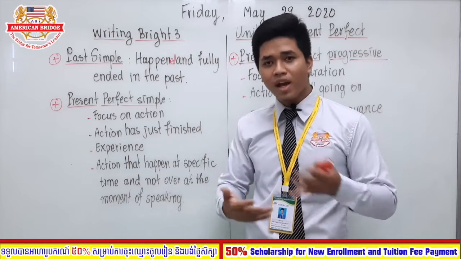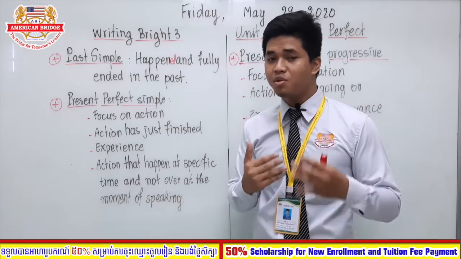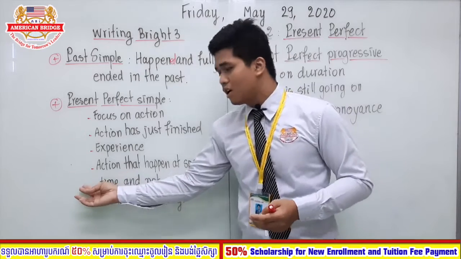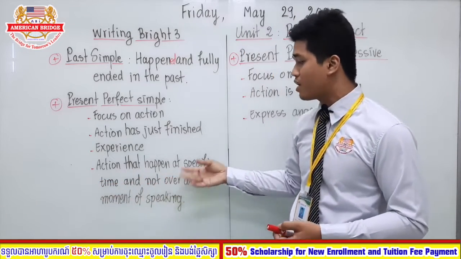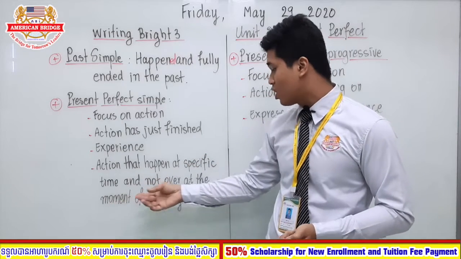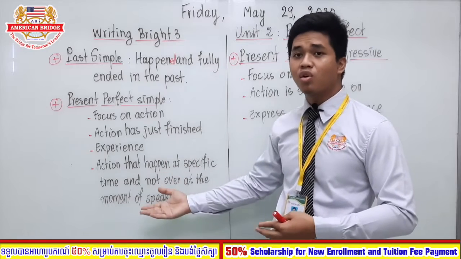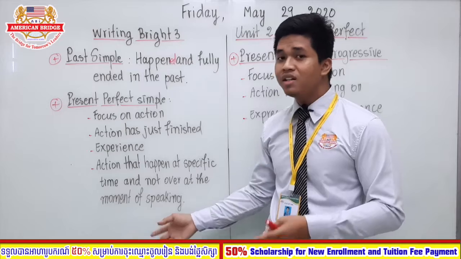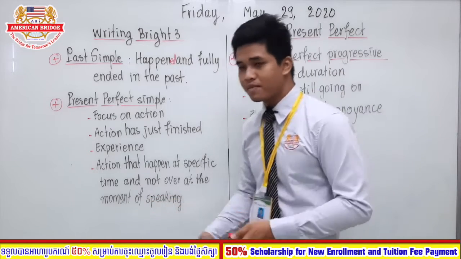We don't care when, but we focus on the action, which is the experience in the past. Next, and it is the last one, is for an action that happens in a specific time period that is not over at the moment of speaking. It means that the time is not over yet. You will see this clearly in the next activity, but just focus on this one.